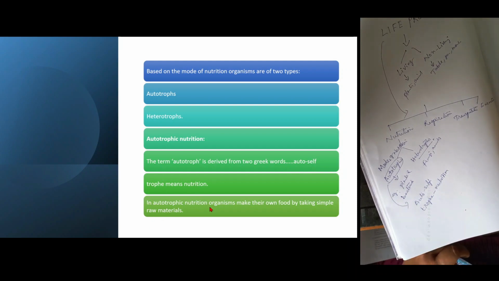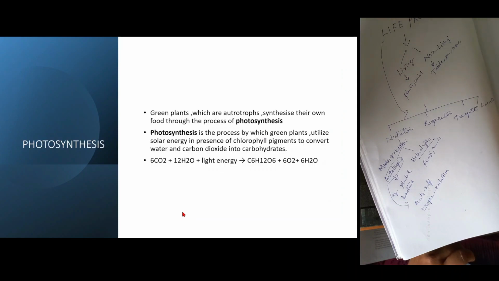In autotrophic nutrition, organisms make their own food by taking simple raw materials. What are those simple raw materials, we will study. So, this preparation of their own food is called what?